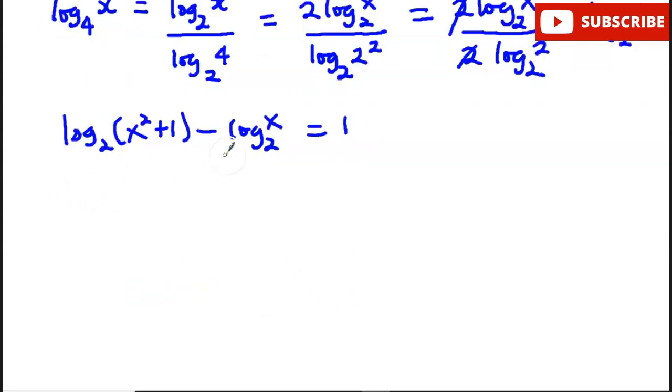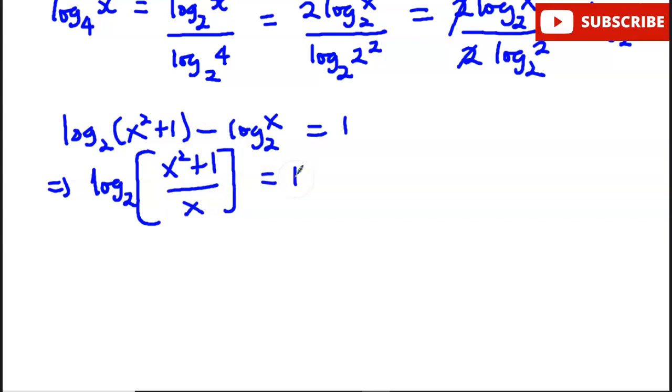So let's apply the rules. So we have log to the base 2 of x squared plus 1 over x, because they are subtracting, is equal to 1. So this implies that by definition x squared plus 1 on x will be equal to 2.